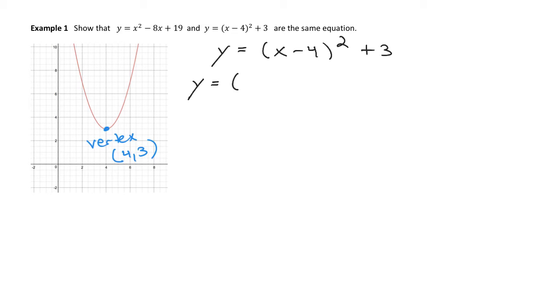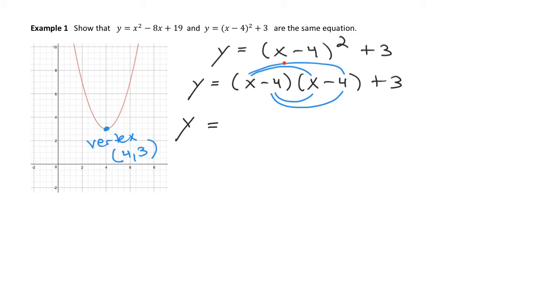So I'm going to write this as x minus 4 times x minus 4 plus 3. To multiply x minus 4 times x minus 4, I have to use the distributive property, or if you like, FOIL, where x gets multiplied to x, it then gets multiplied to negative 4, and then we do the same thing with negative 4. That gets multiplied to this x, and then to the negative 4 at the end, and we'll end up with 4 terms. So let's multiply all that together.